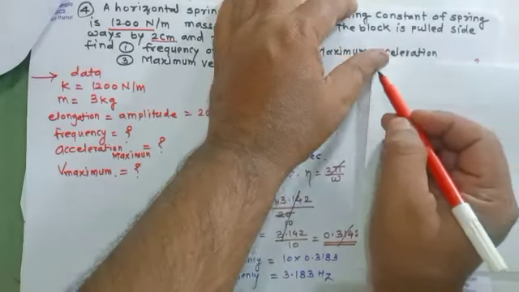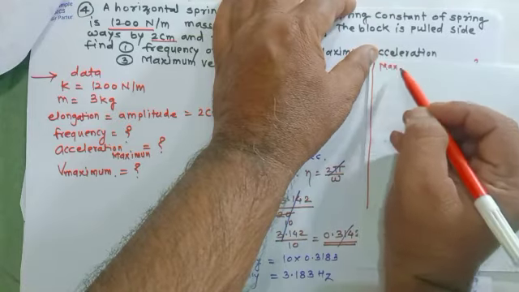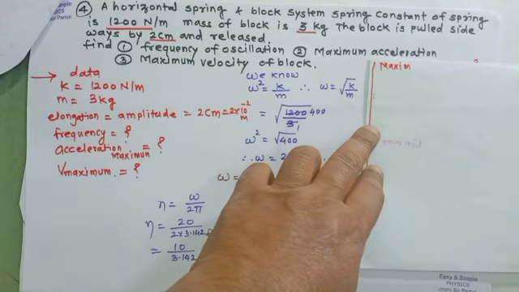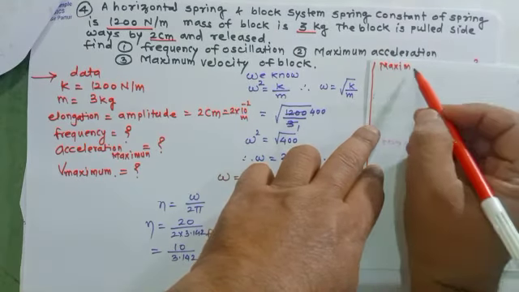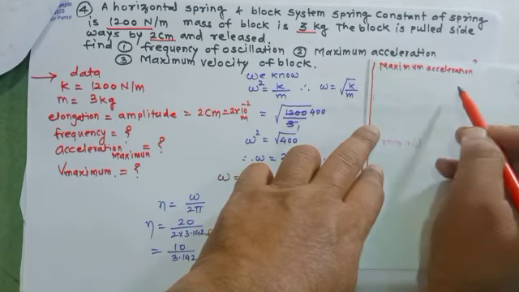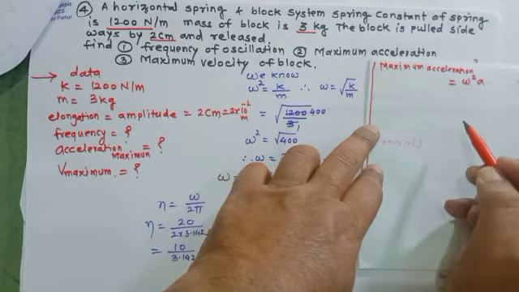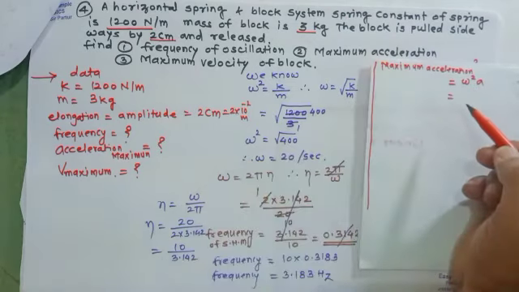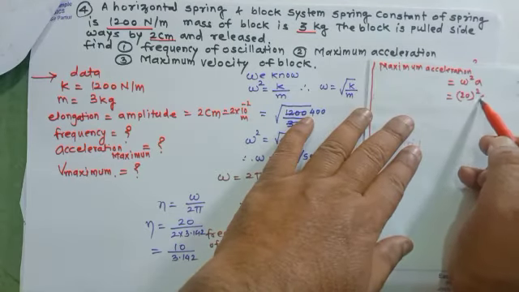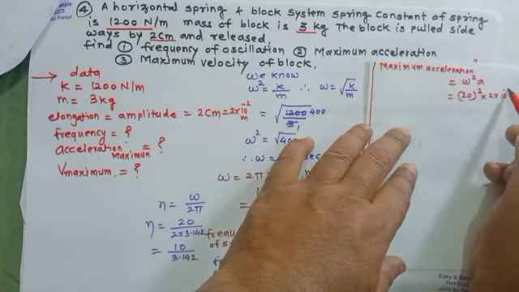So the maximum acceleration will be omega square A. So here omega will be 20, so 20 square into A, which is 2 into 10 raised to minus 2.